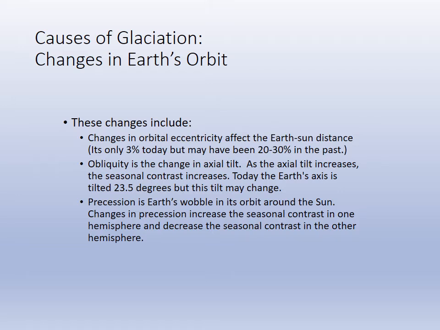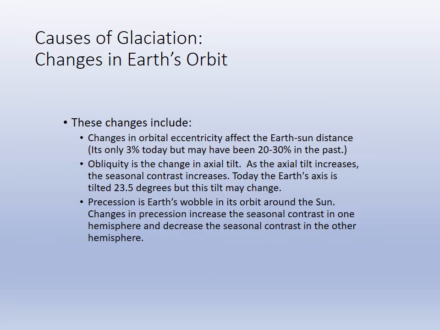Now, the changes in Earth's orbit: obliquity is our axial tilt, and that's changing, which changes our climate. Eccentricity is how egg-shaped or circular the orbit is, and that has changed. And precession is Earth's wobble, and that also changes our orbit around the sun. So these are all natural.